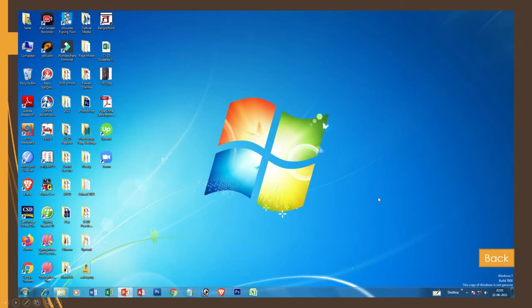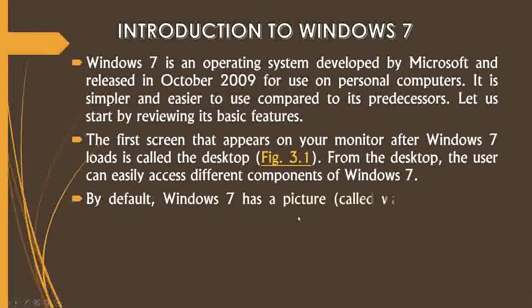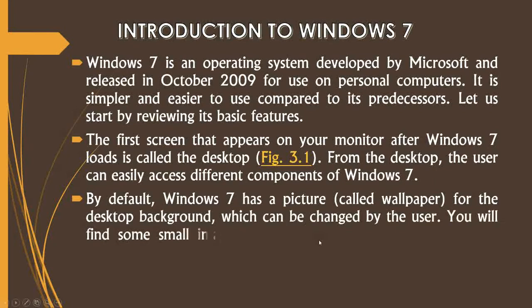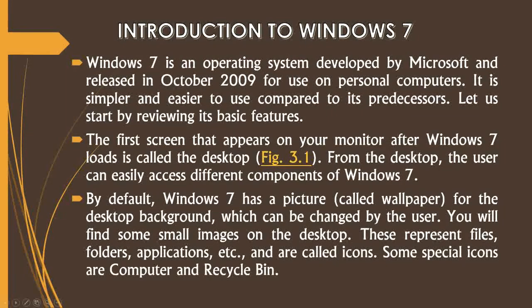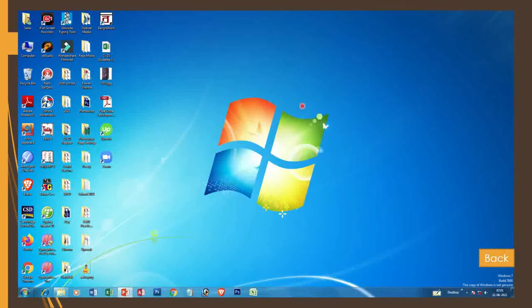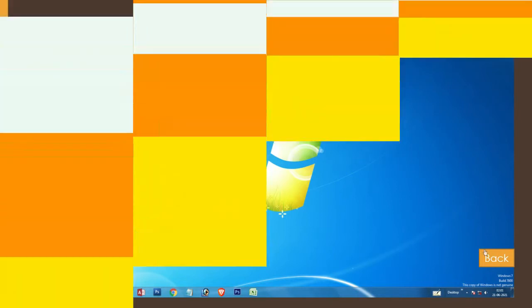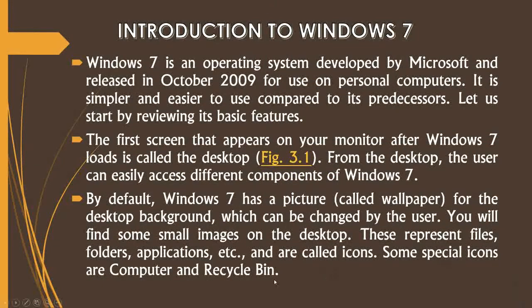By default, Windows 7 has a picture called wallpaper for the desktop background. You can change it, which can be changed by the user. This is the background of Windows. By default it is given, and you can change it. And you will find some small images on the desktop. These represent files, folders, applications, etc.